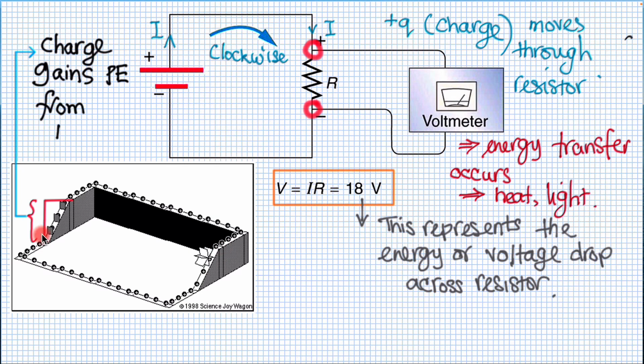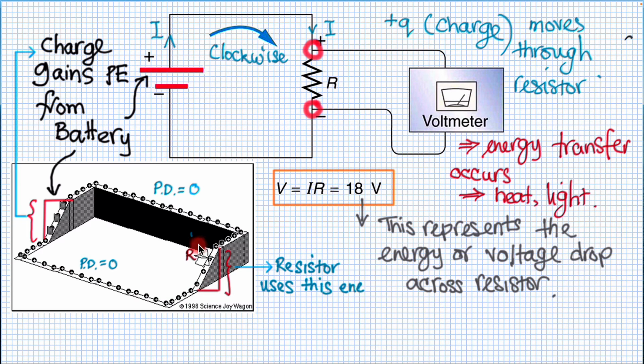So we say that here the charge gains potential energy, and it does this from the battery. The potential difference in the conductor at any 2 points in the conductor is 0.